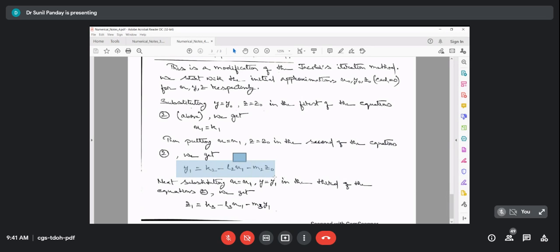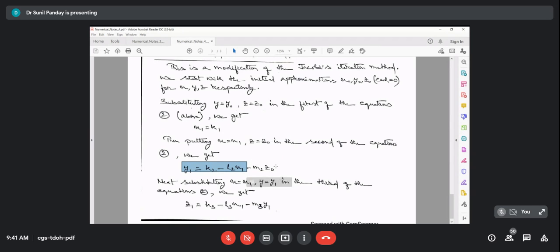But in the Gauss-Seidel method, we use the immediately updated value of x, and the immediately updated value of x is k1. So here we substitute k1, and z is 0. So we'll get the updated value of y1 as k2 minus L2 into k1.